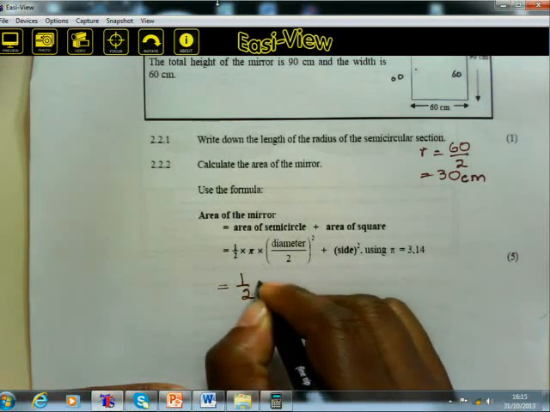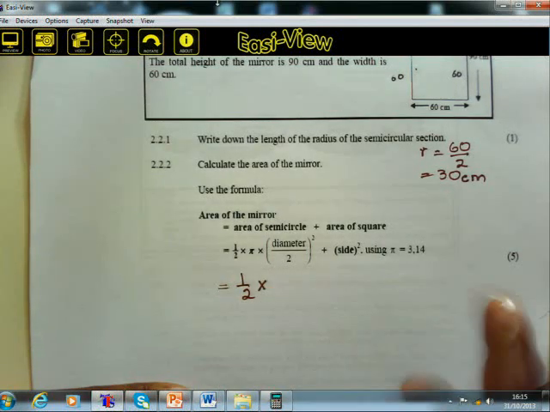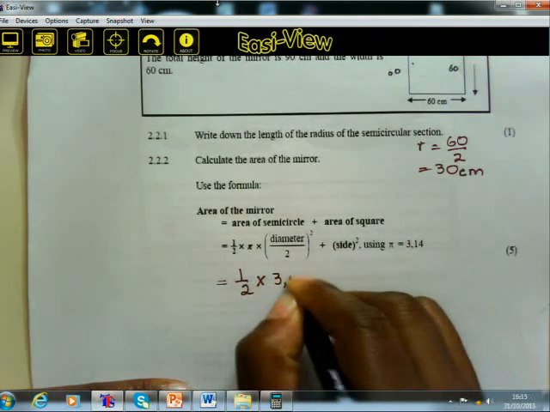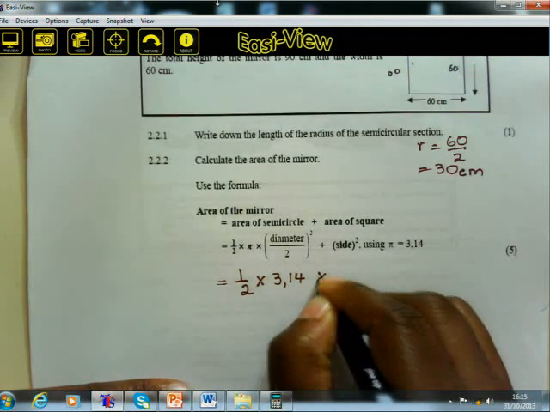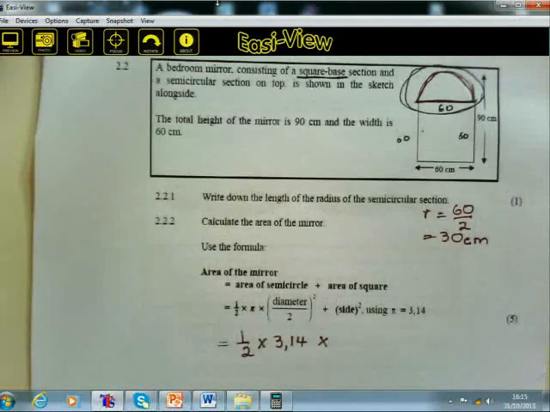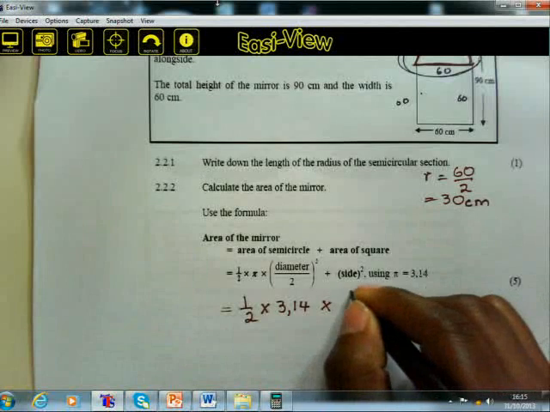We write half, multiply by, they said we must use pi as 3.14, multiply by diameter divided by 2 squared. What is the diameter? We said the diameter is 60.